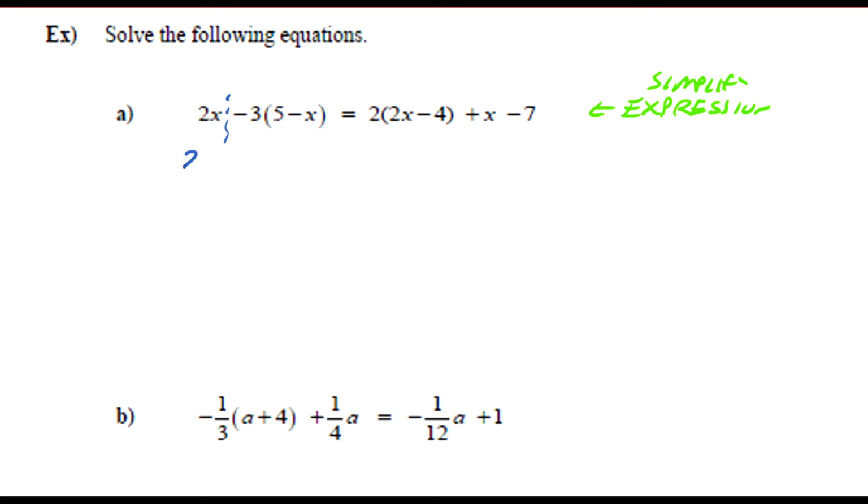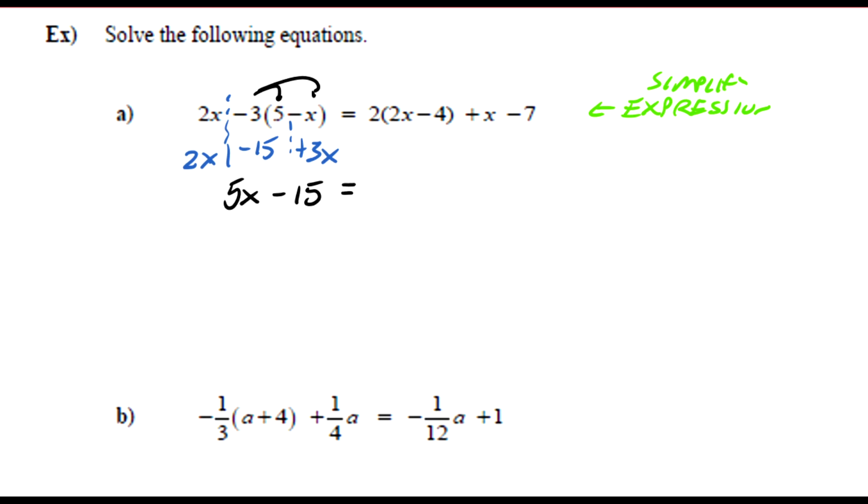I have a 2x, and then I'll need to distribute the negative 3 to each of these terms. I'll end up with a negative 15 here, negative 3 times 5, and negative 3 times negative x is a positive 3x. So the left side ends up being 5x minus 15, and then that equals.